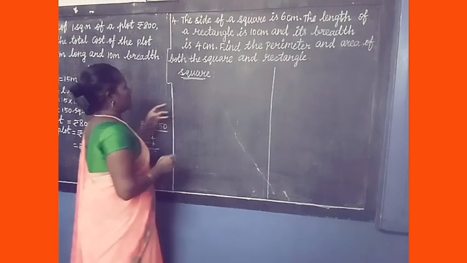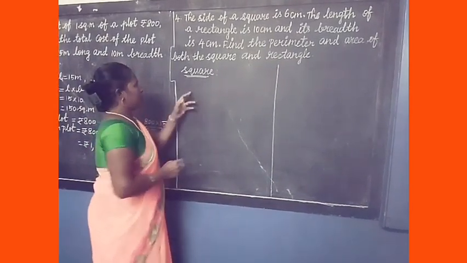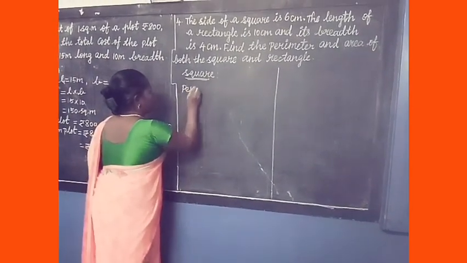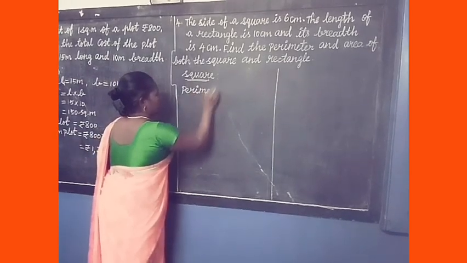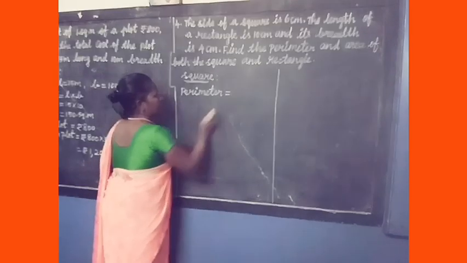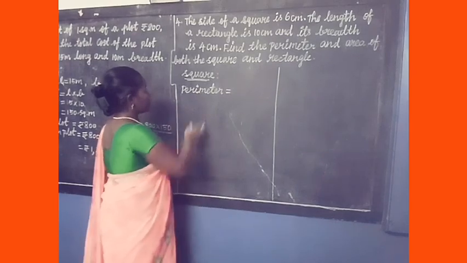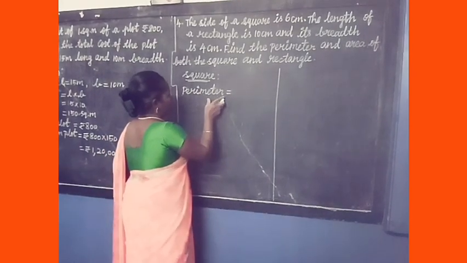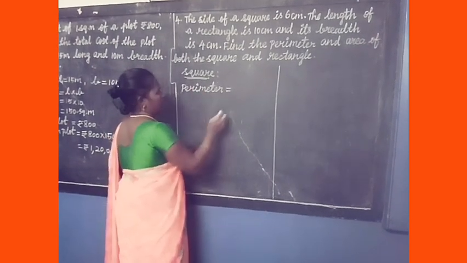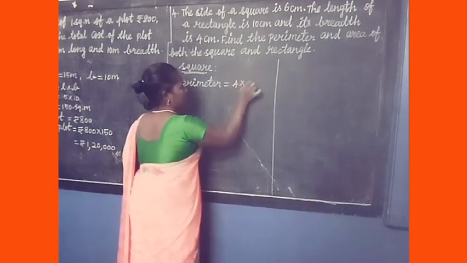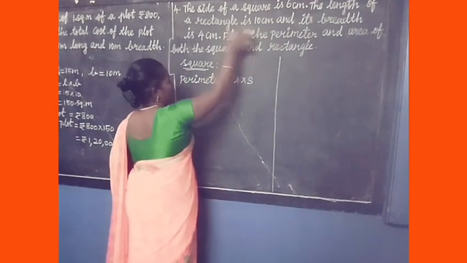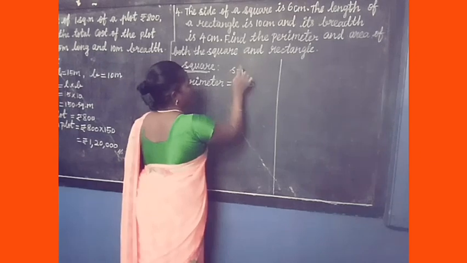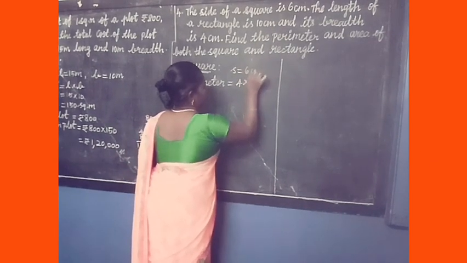First we write the perimeter formula. Perimeter of a square. So perimeter is equal to, what is the formula for perimeter of a square? 4 into S. In this question, the S value is given. S is 6 centimeter.